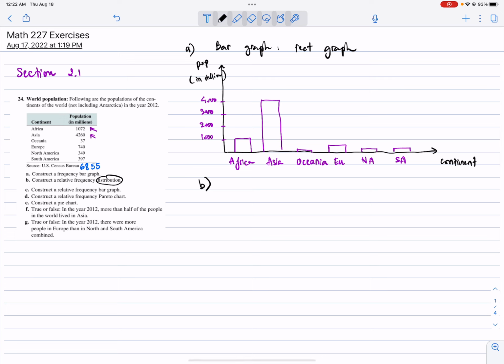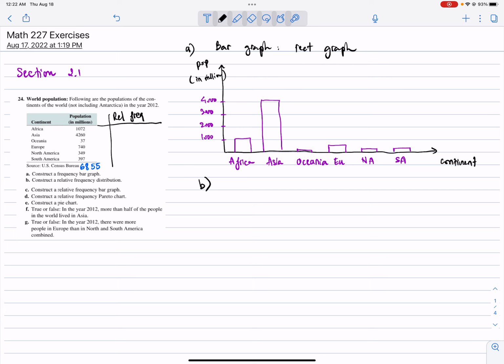Distribution means table. Okay, so from the original table, we can draw one more column and we make relative frequency. We need to know the formula, and the formula for relative frequency is like the percent or the decimal.